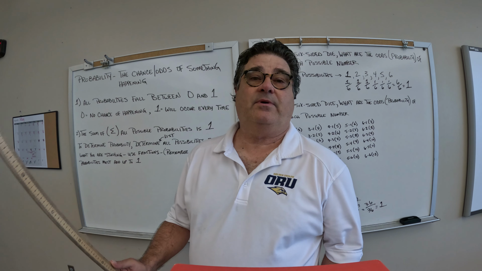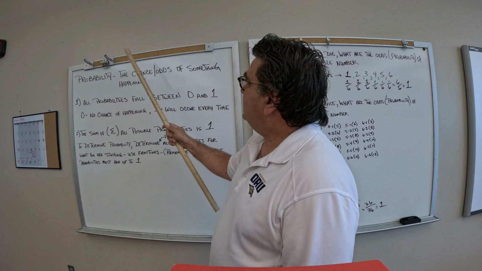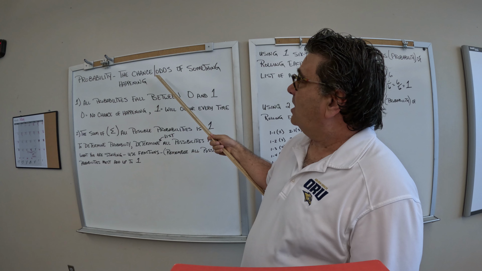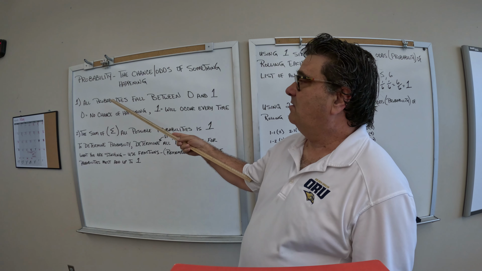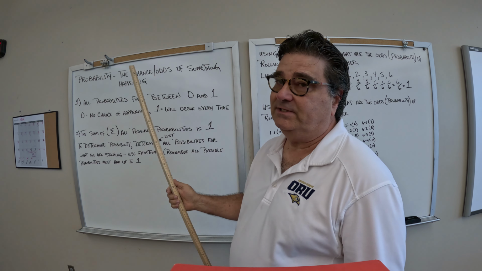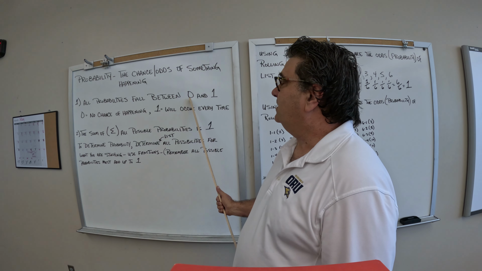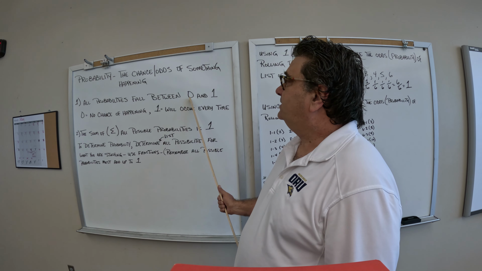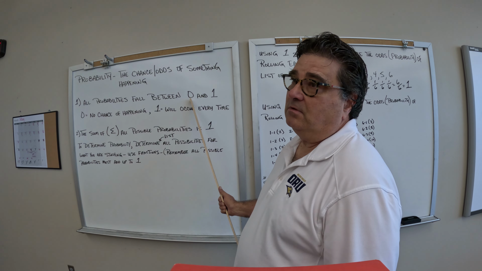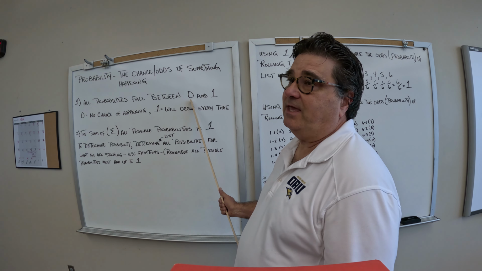So we need to talk about probability. Probability is the chances of or odds of something happening. Now, all probabilities fall between 0 and 1. If there is no chance of something happening, the odds of it are 0. The probability is 0 because it can't happen.